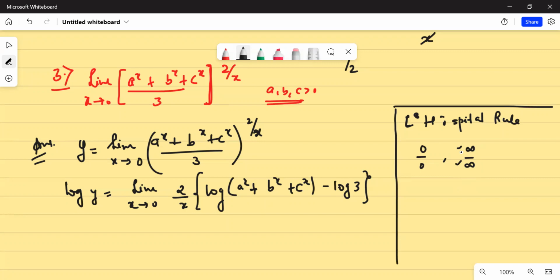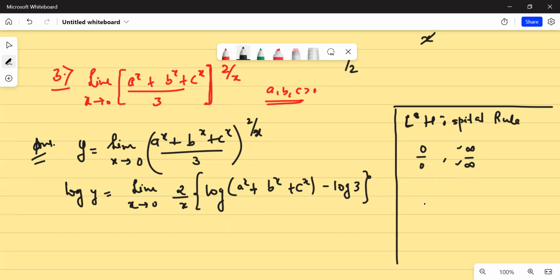You can do it iteratively until you get a form that is no longer 0 by 0.